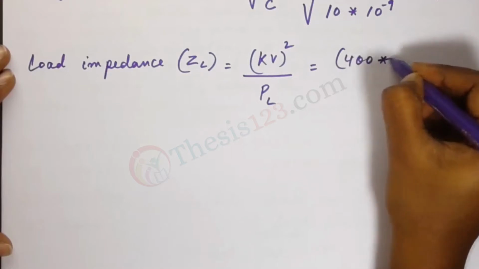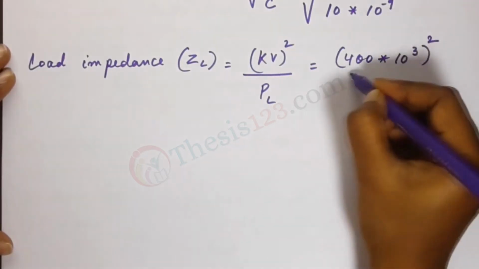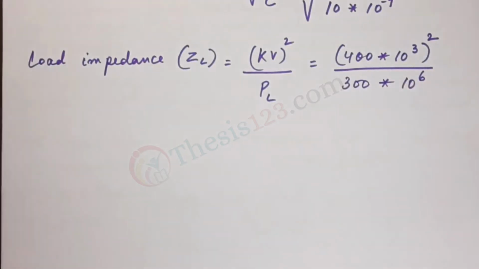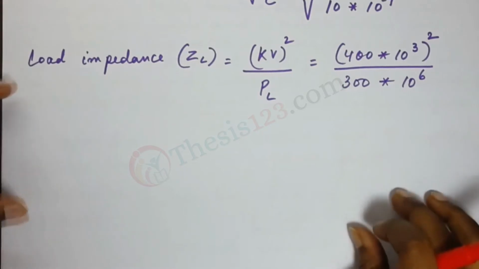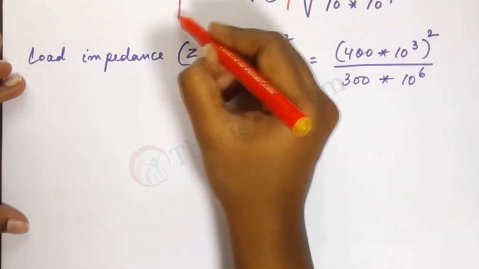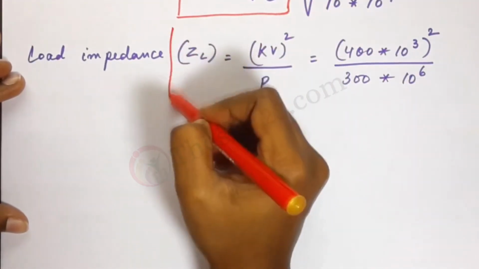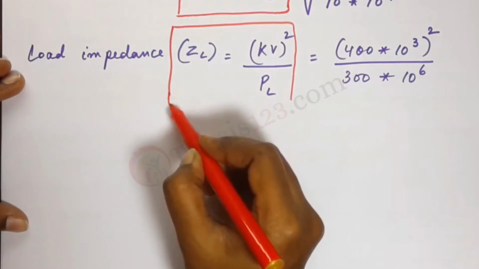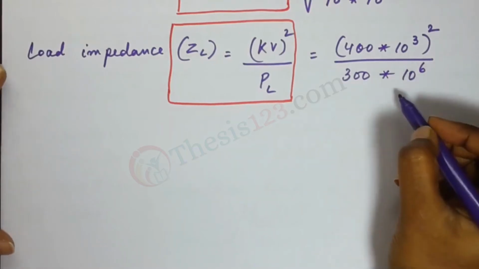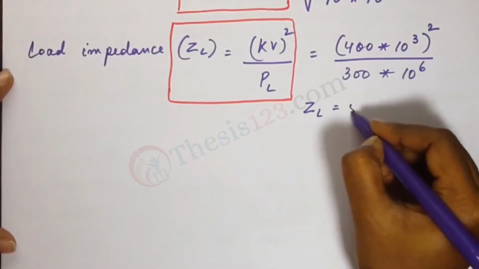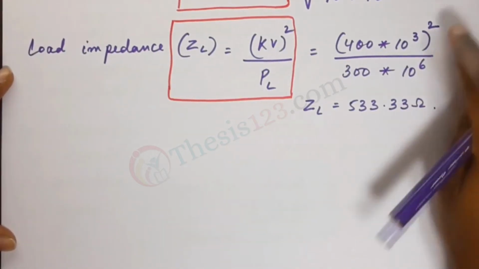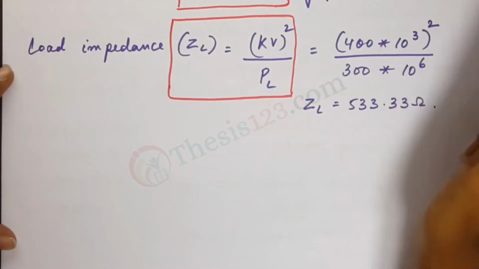So (400 times 10 power 3) squared divided by 300 times 10 power 6. All these formulas you will have to remember. It's good to keep in mind the surge impedance formula and the load impedance formula as well. Calculating the load impedance, we get ZL equal to 533.33 ohms.